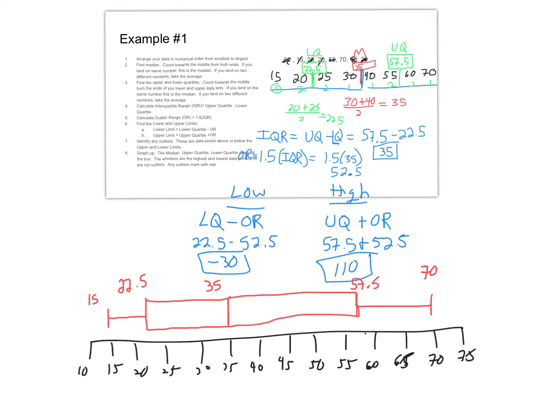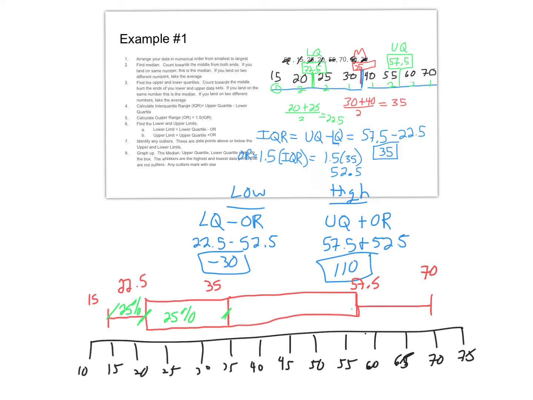Now, neat things about box and whiskers: between the lowest value you have and the lower quartile represents 25% of our data because we split the thing up into 4 pieces, quartiles. Between the lower quartile and the median is 25% of your data.